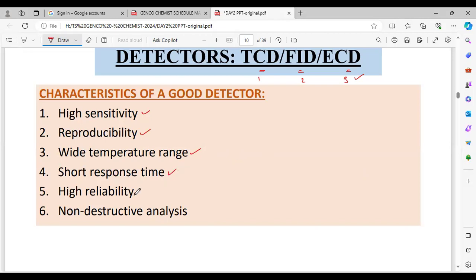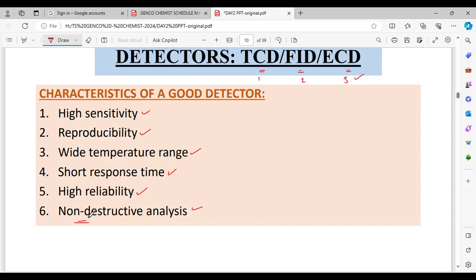Next, reliable. You have to depend on these detectors. That means faith in this detector should be retained all the time. Next, non-destructive analysis. Non-destructive means the oven's temperature is sometimes very high. It may destroy your sample after injecting in the column. The sample may be destroyed due to the high temperatures maintained in the thermostat.